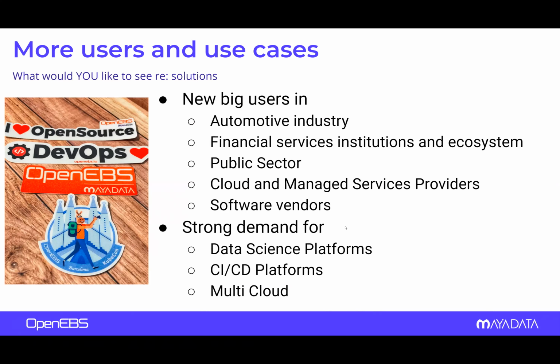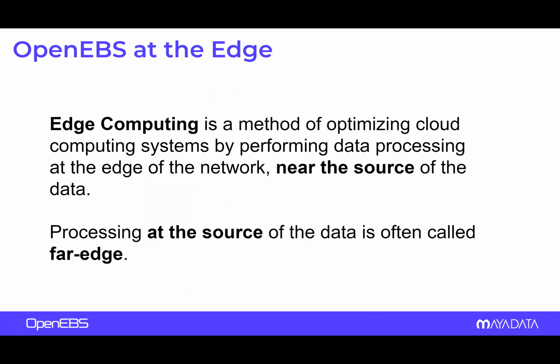There is definitely a strong demand for data science platforms, CI/CD platforms, and multi-cloud storage solutions, with OpenEBS used underneath. And this is also an interesting use case, growing OpenEBS at the edge.